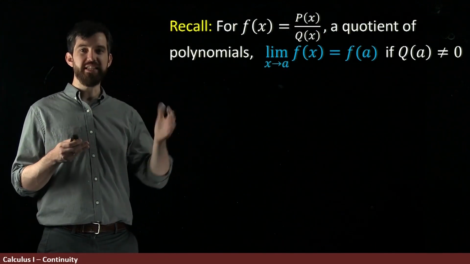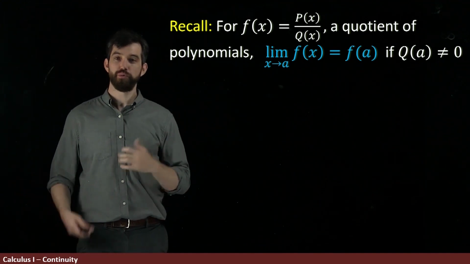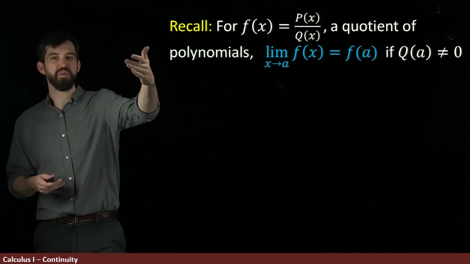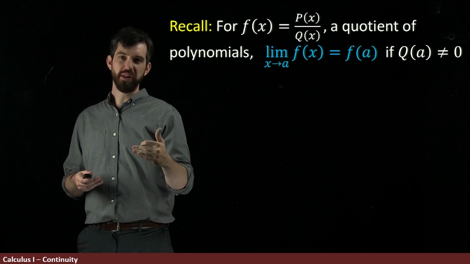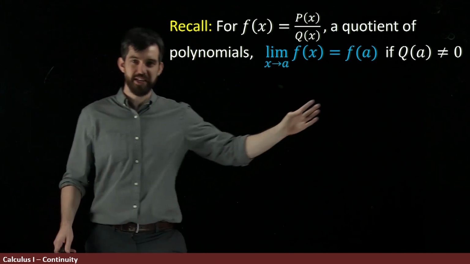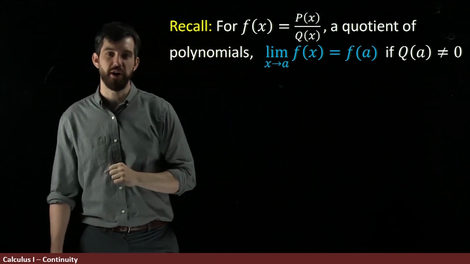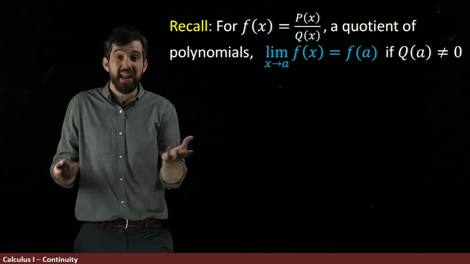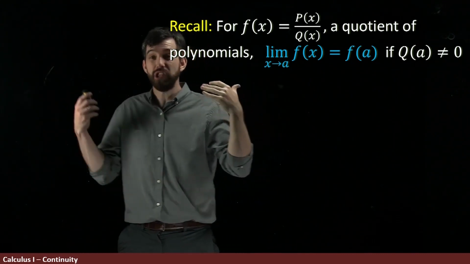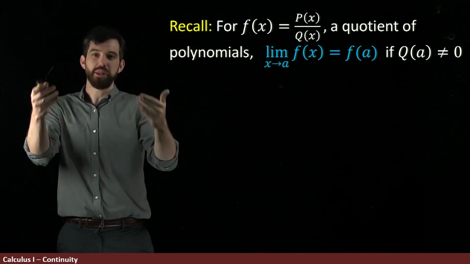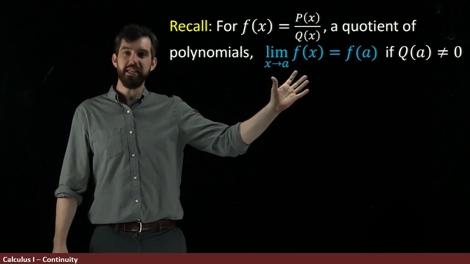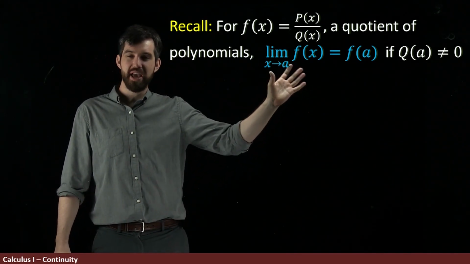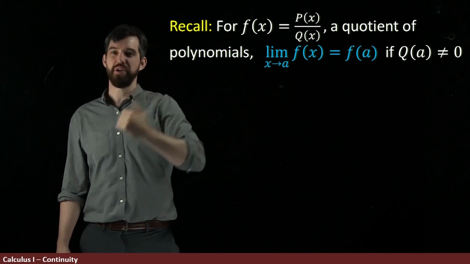We'd previously seen this fact about rational functions, functions that are a polynomial on the top divided by a polynomial on the bottom, where we're making the additional claim that the denominator is not going to be equal to 0. And we'd previously said that for those types of things, by using limit laws, we could see that the limit as x went to a of f of x was just the function value at a.